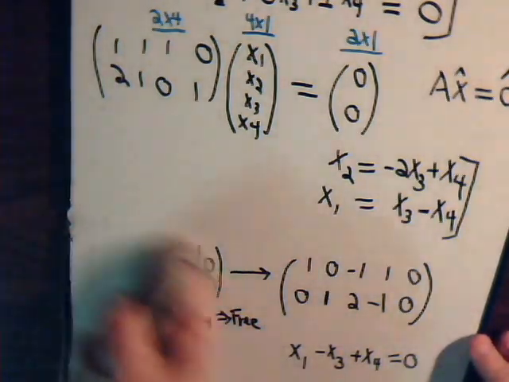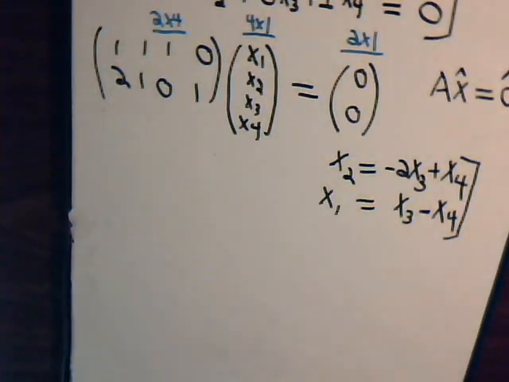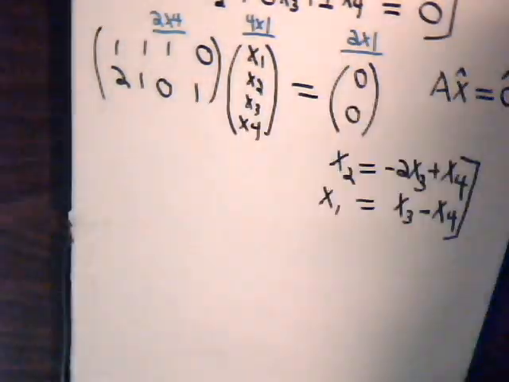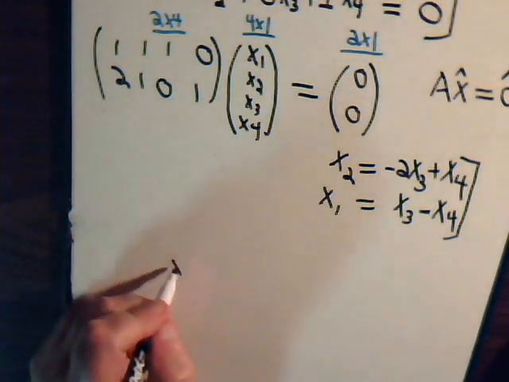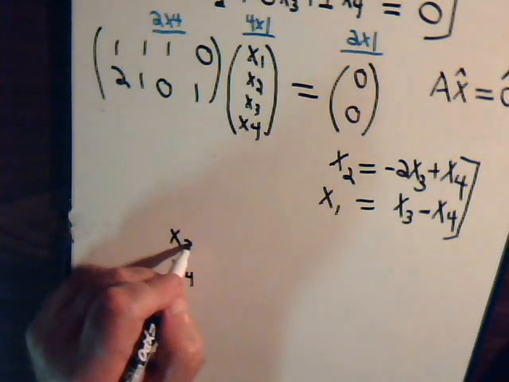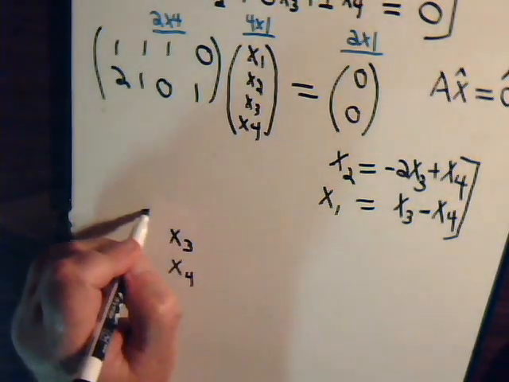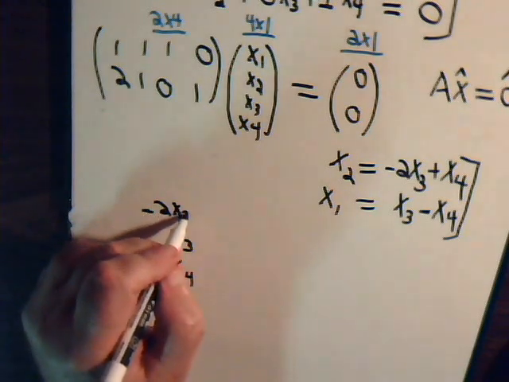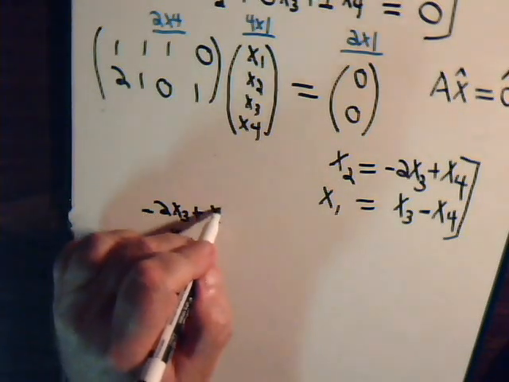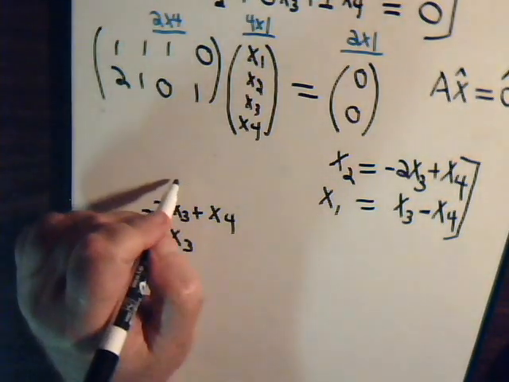Let's get rid of this, I guess. x4, x3, x2 is this, and x1 is this.